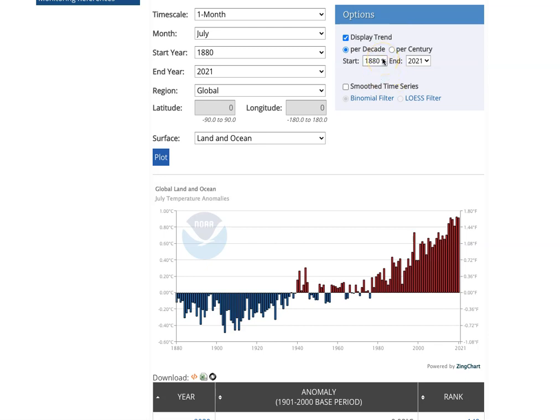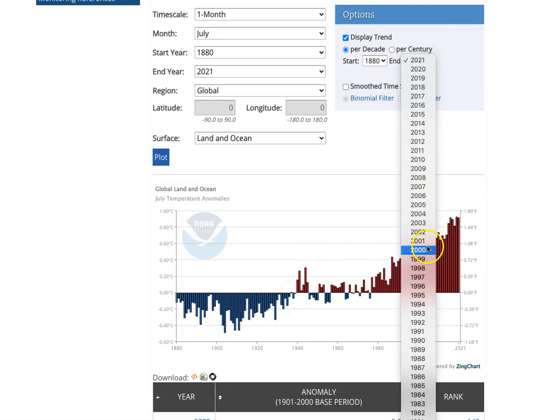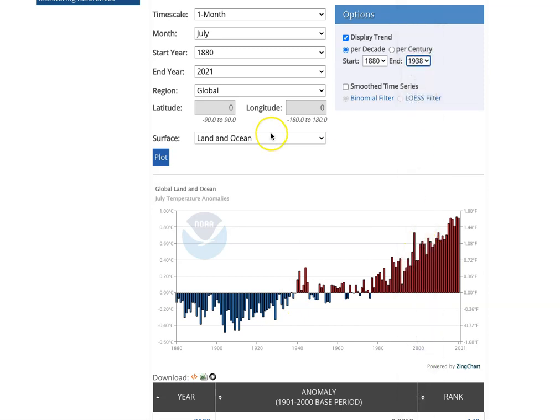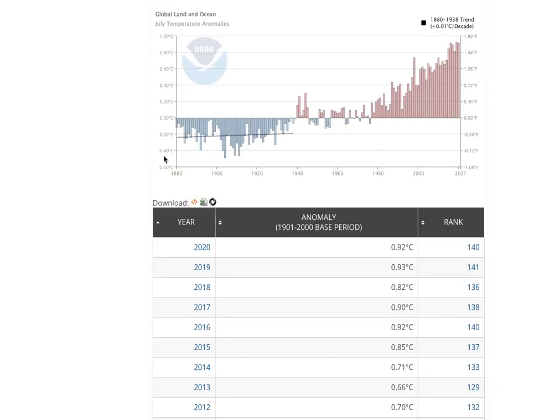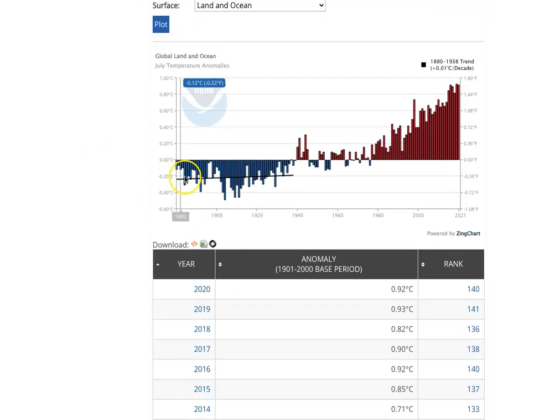So I'm going to start with 1880 through like 1938 here. And if I hit plot, it has now drawn me the mathematical trend line for this section that I specified.